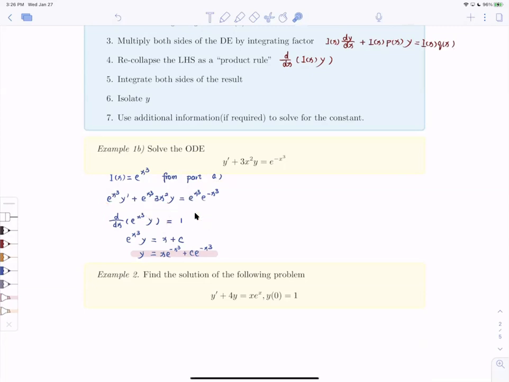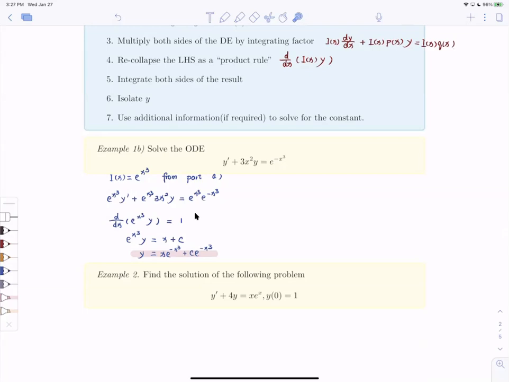On this side you'll get e to the x cubed y, this side you'll get x plus c, where c is a constant, and then you move this to the other side, you'll get this. Any question? If no question, let's say type a number in the chat. Okay, seems like we're good.